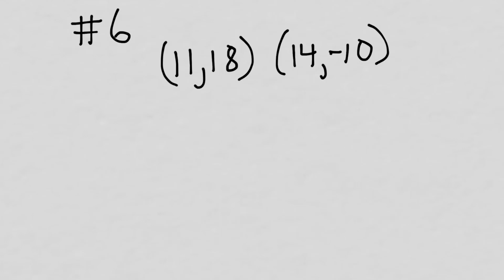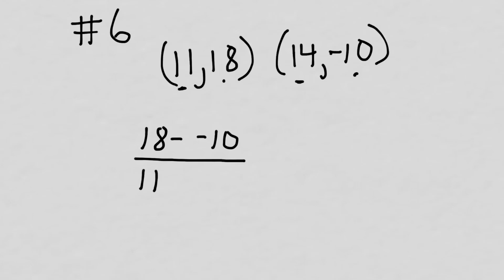All right, for number 6, we have another problem with points. The thing you have to remember, it's going to be y minus y, which is 18 minus negative 10 over x minus x. So that'll be 11 minus 14.